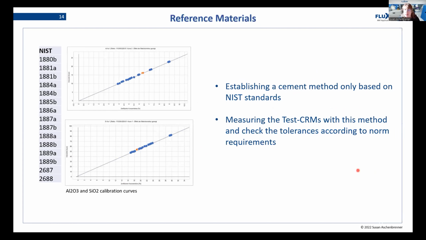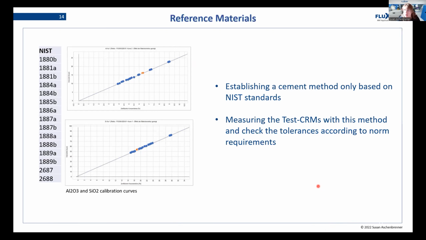First of all, we established a cement method that was only based on NIST standards. I put a list of some of the NIST standards we used there. And what we did then is we took our test CRMs and measured them with this method, and we checked for the tolerances that are the norm requirements.